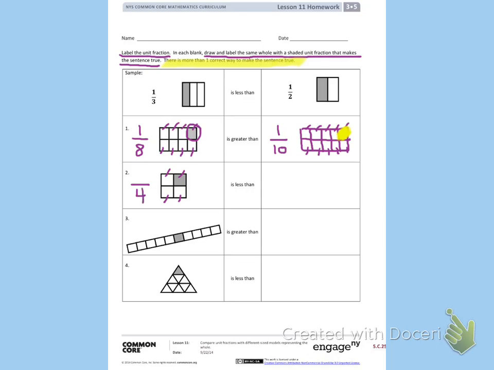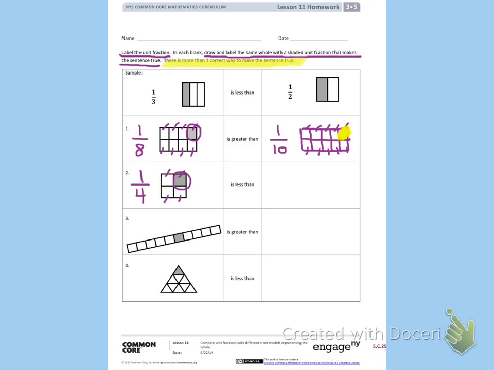Now I will figure out how many pieces are shaded. 1. 1 out of 4 is shaded. So 1/4 is the unit fraction. Now let's look at the sentence. 1/4 is less than blank.